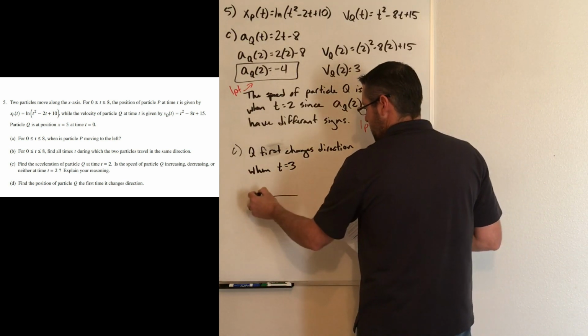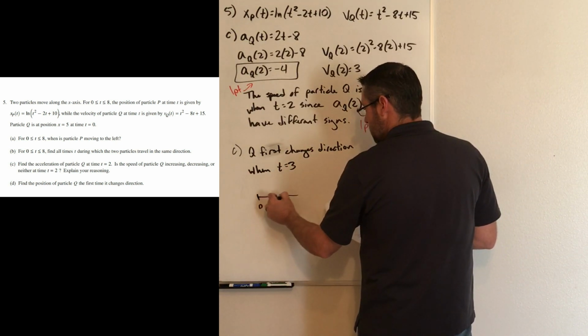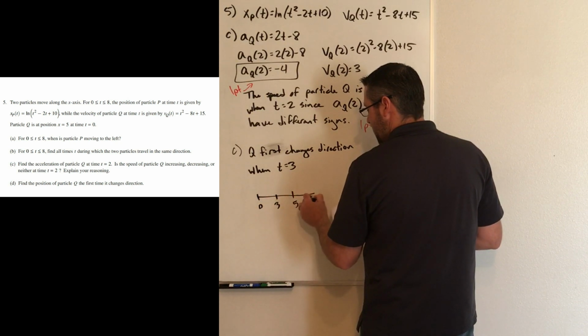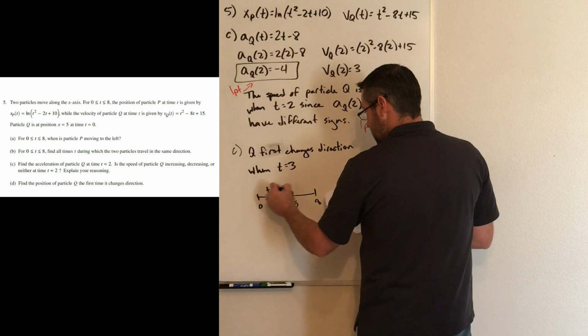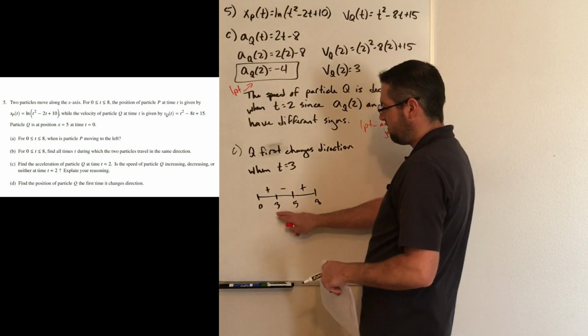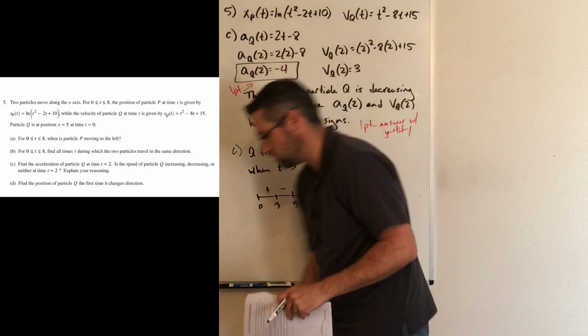Going back to that real fast, you had that number line that said 0, 3, 5, and 8. And the velocity of Q was positive, then negative, then positive. So this is the first time it changed direction, at t equals 3.